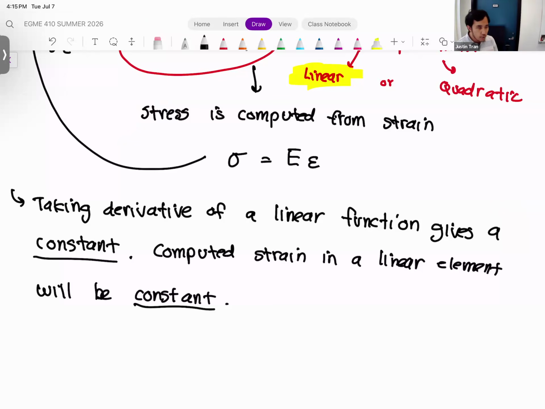Strain is just the derivative of the displacement, and if the displacement is linear, our strain must be constant. And if our strain is constant, our stress is also going to be constant within an element.